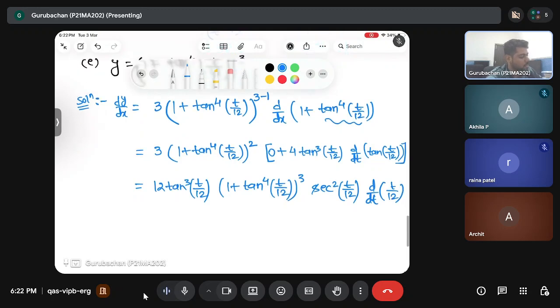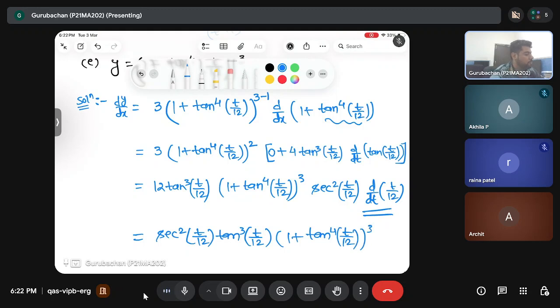So from the last term you will get 1 by 12, and 12 and 12 will cancel out, and you will be left with secant square t by 12 tan cube t by 12 into 1 plus tan 4 t by 12 cube. Is it clear? Yes, sir.